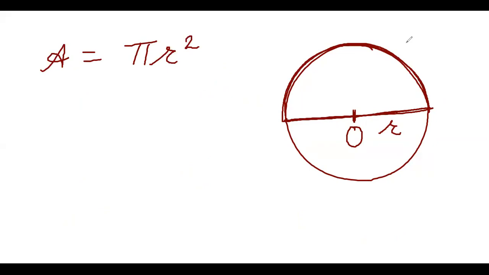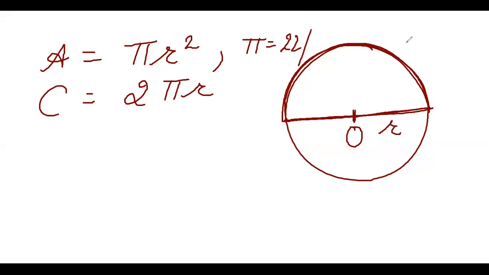Circumference, which is called boundary of the circle, is 2 pi r, where pi is equal to 22 upon 7. Area is pi r square. Circumference is 2 pi r.